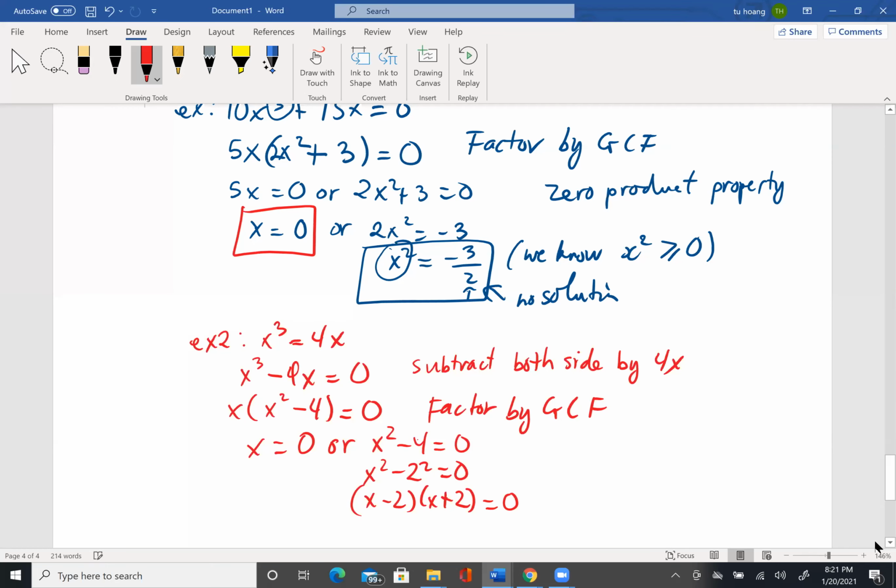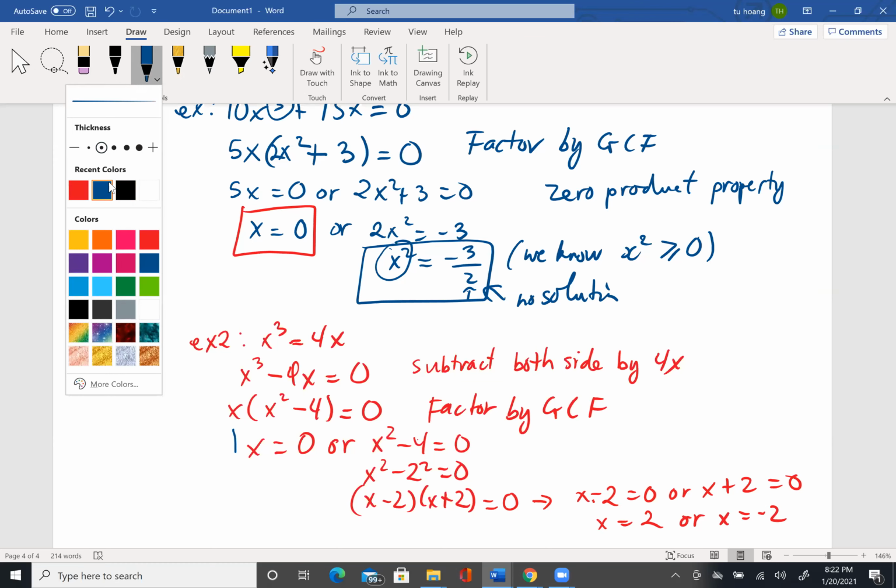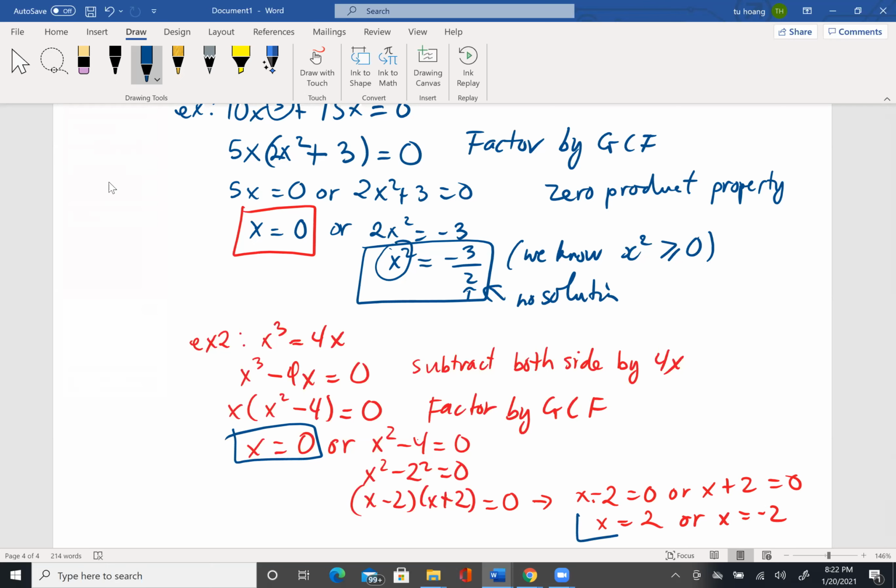And then you're going to apply the zero product property again. You're going to have x minus 2 equals 0 or x plus 2 equals 0, and you have x equal to 2 or x equals negative 2. So the solution should be x equals 0, x equals 2, or x equals negative 2.